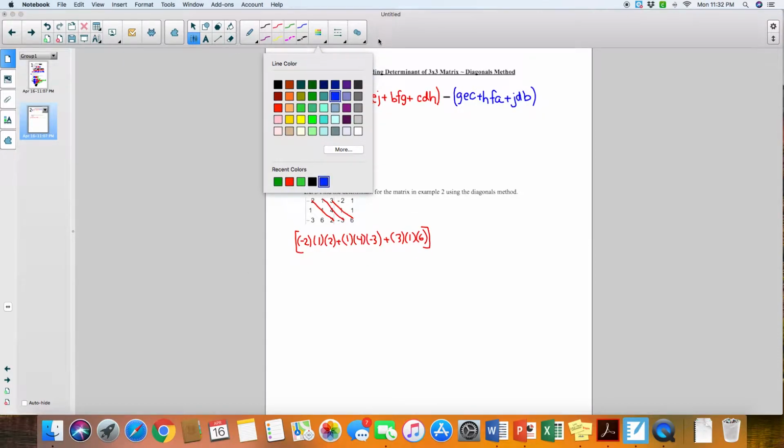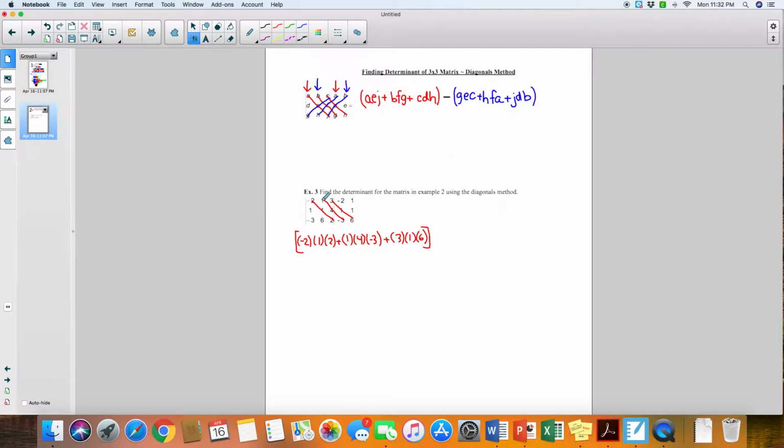Then I'm going to do the bottom to top. So that would be negative 3 times 1 times negative 3. Make sure I copy that right. Yep, negative 3 times 1 times 3. And then I'm going to do 6 times 4 times negative 2.